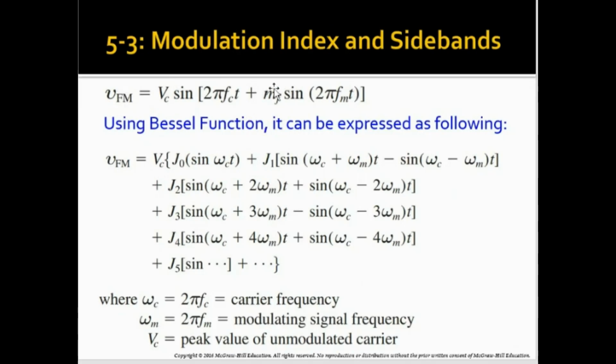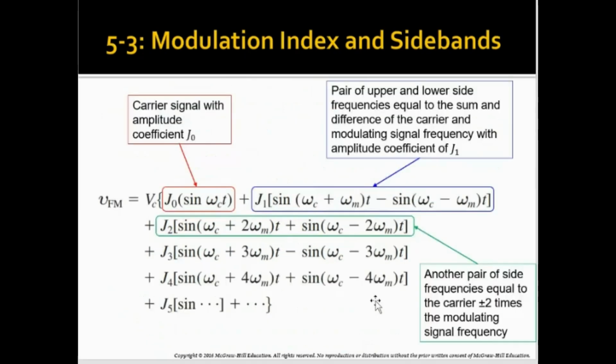After solving this modulating signal with Bessel function, it is in this form. So what you have is, we have your carrier, you have your sidebands now. So upper sideband, lower sideband for the first sideband, second sideband, third sideband, fourth sideband, and so on.